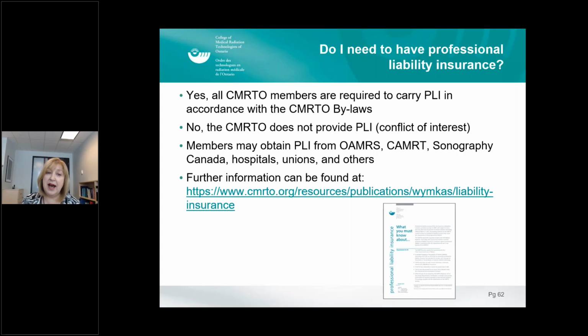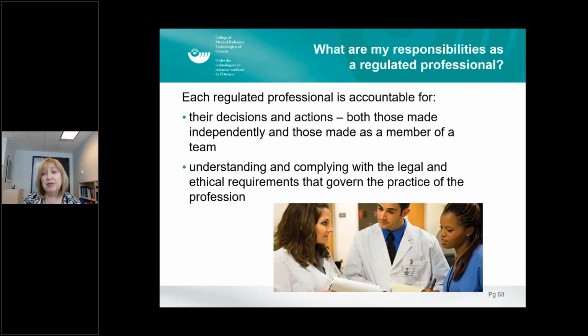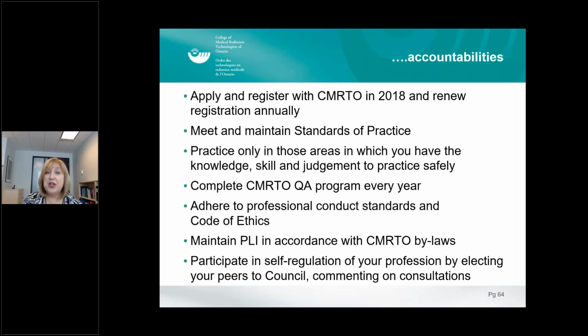Do I need to have PLI? Yes, you do, and you need to make sure it's in agreement with the CMRTO bylaws. And your responsibilities as a regulated professional, you really need to understand and comply with the legal and ethical requirements that govern the practice of the profession. So for you this year, you need to apply and register with CMRTO in 2018.